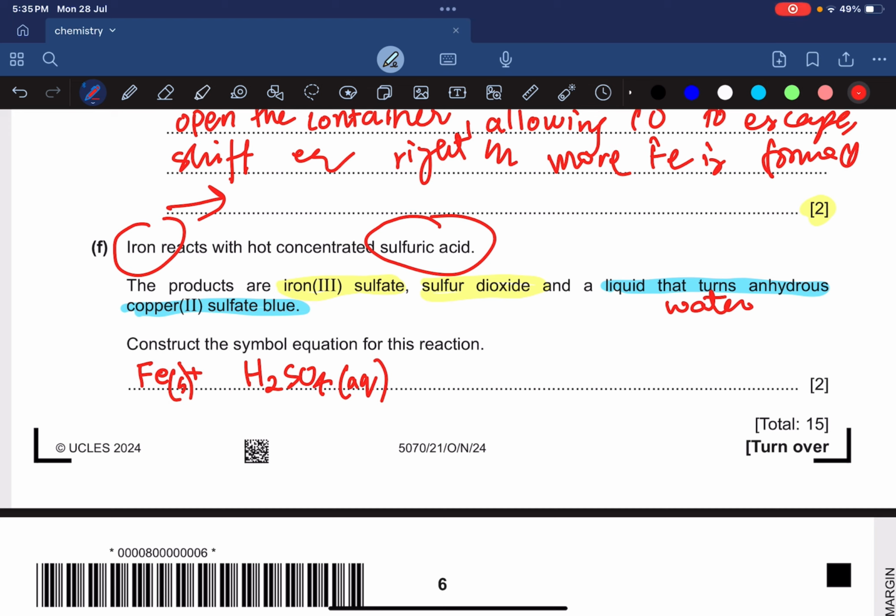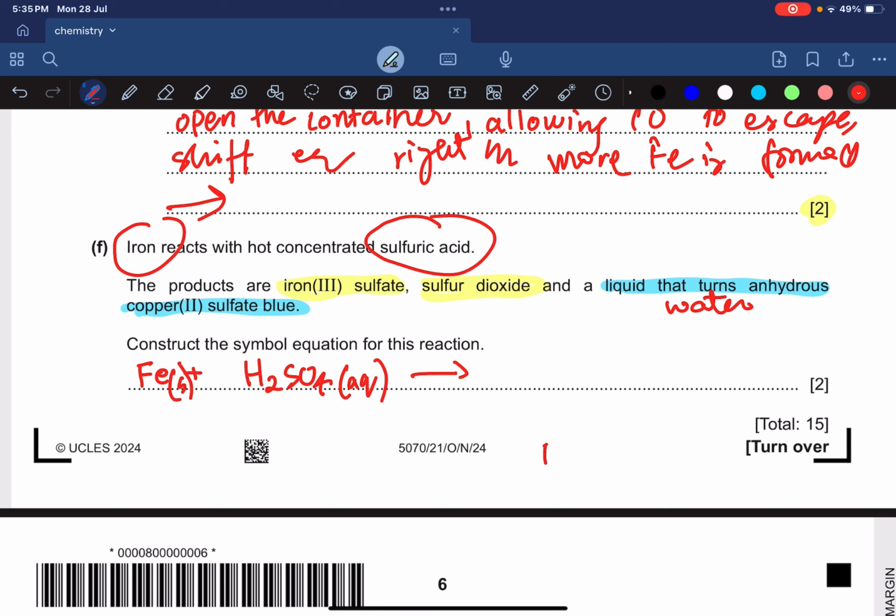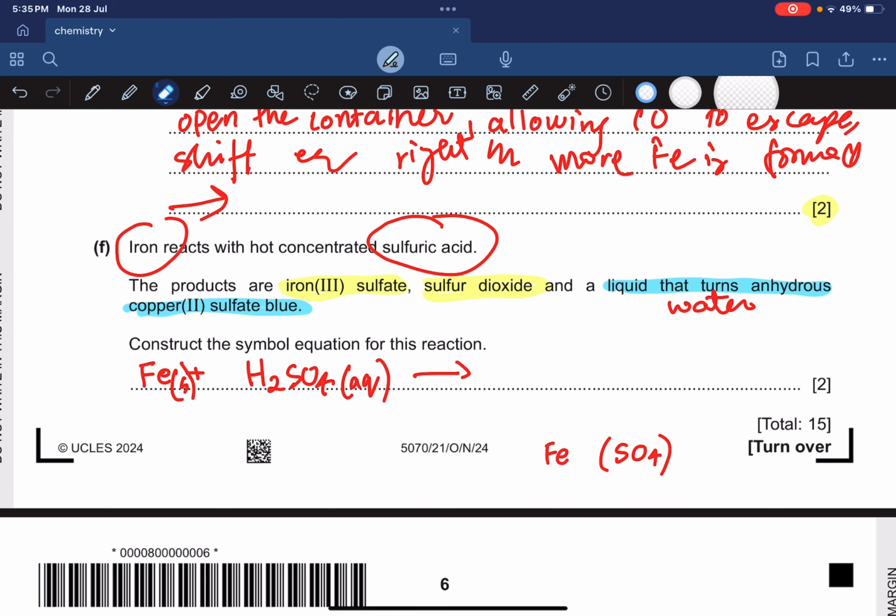Now you've taken these two, and what you're going to form is iron(III) sulfate. How do you write iron(III) sulfate? It's going to be Fe2(SO4)3. Do you get how I've written it? If you don't, I'm going to explain it again. The charge on iron is 3 plus, sorry, 3 plus.